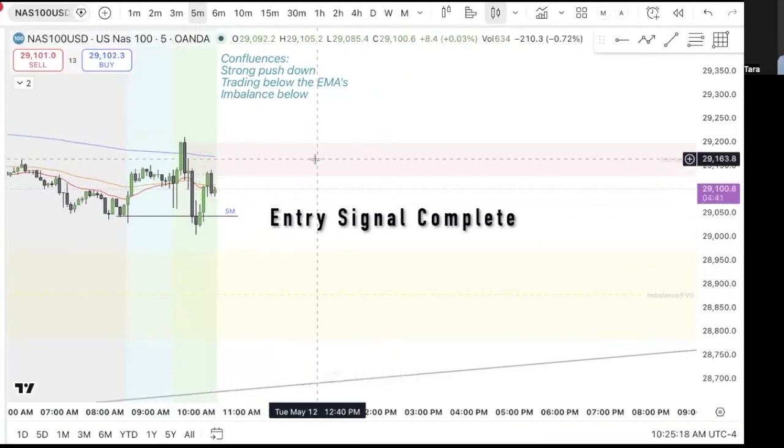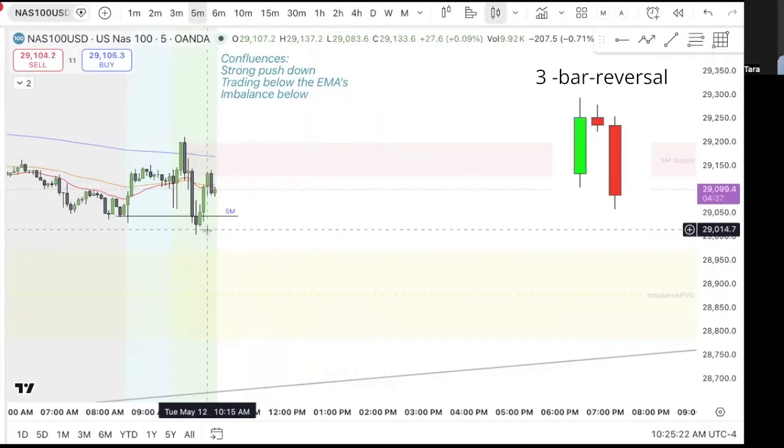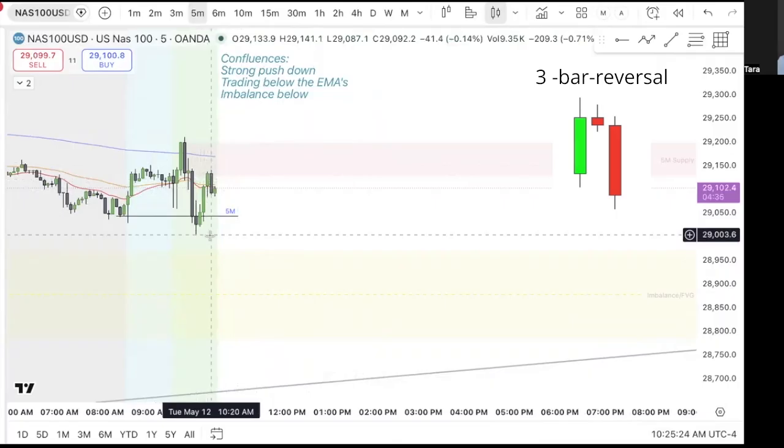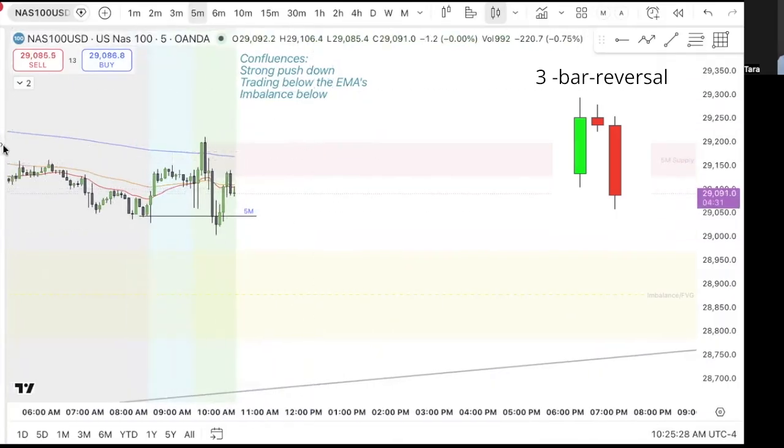Okay, so we have an engulfing candle. We have our push up, our candle of indecision, and our confirmation candle. And so now we know it's time to enter the trade.